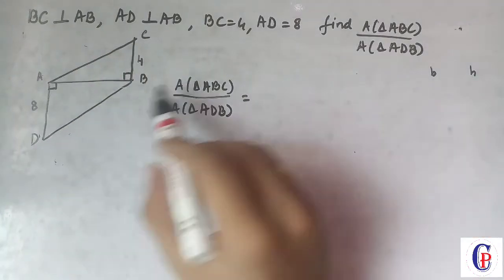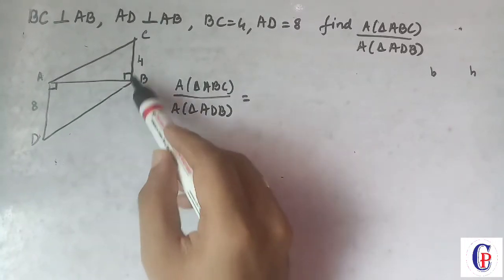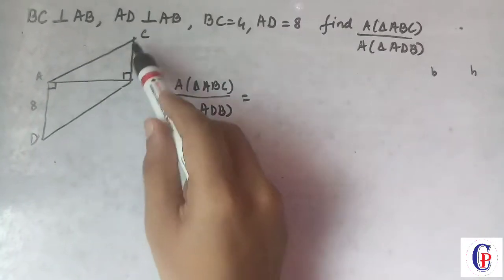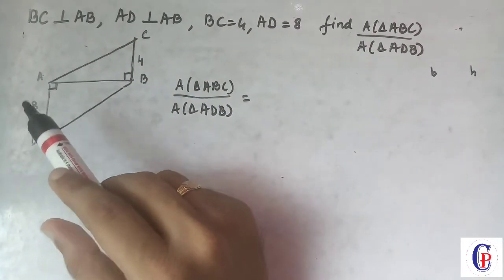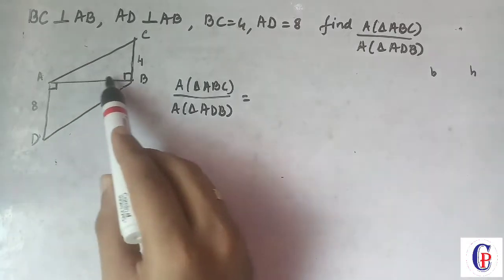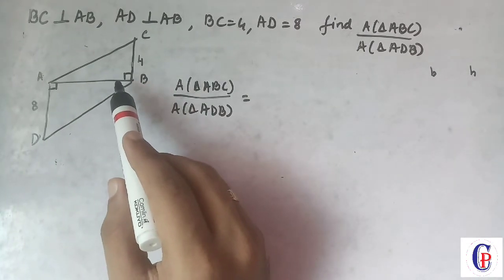Now let us go to the first triangle, triangle ABC. Which is the base and which is the height? AB is the base. We have already discussed how to find the base and height.